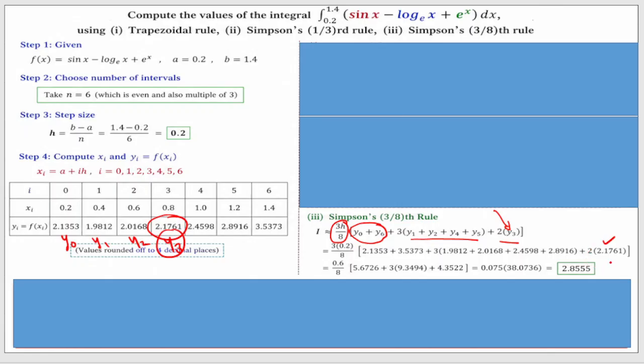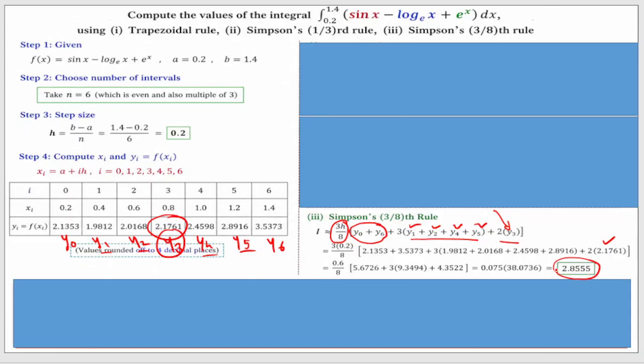So 2 times only one value, 2.1761, which is y3. And all the remaining are y1, y2, y4, and y5. These are part of the remaining R: 3R plus 2 times only the multiples of 3. In this way, we can calculate the value of I using Simpson's 3/8.